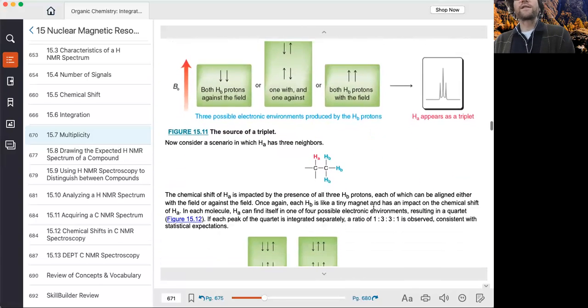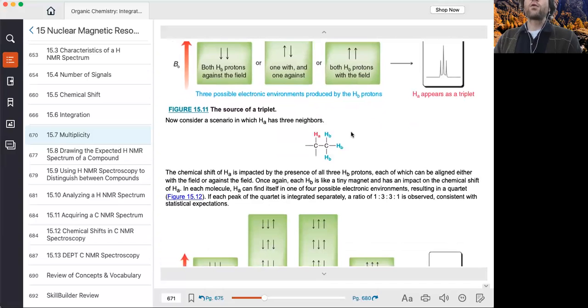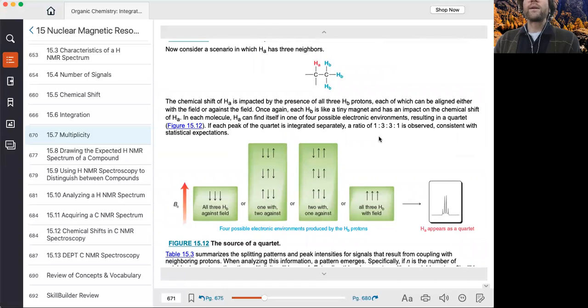We can follow the same exact logic for a quartet, or a signal with four peaks. If A has three neighbors like this, then there will be a lot more options, and there will be a 1 to 3 to 3 to 1 ratio to the possibilities. So because of that, the peak looks like a 1 to 3 to 3 to 1 quartet, as we see here.